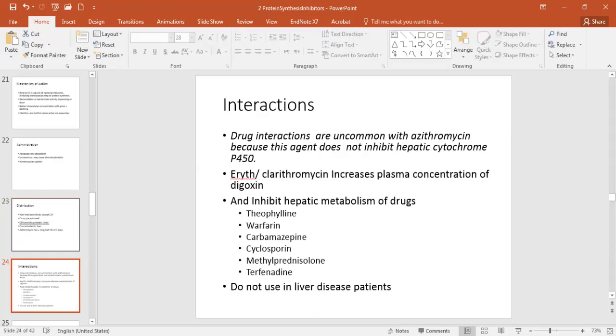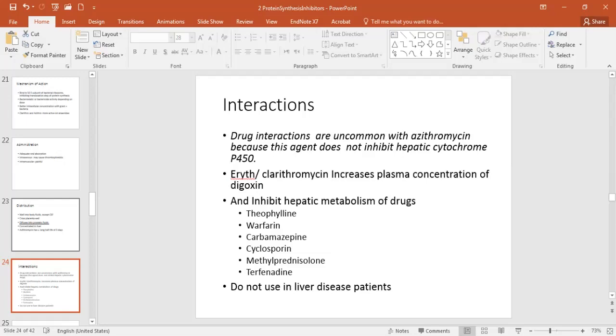Drug interactions are uncommon with azithromycin because this agent does not inhibit hepatic cytochrome P450. Clarithromycin increases plasma concentration of the digoxin and inhibits hepatic metabolism of drugs.